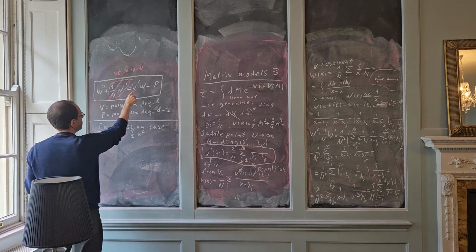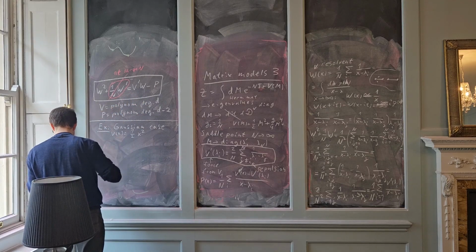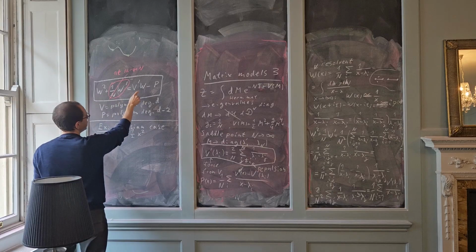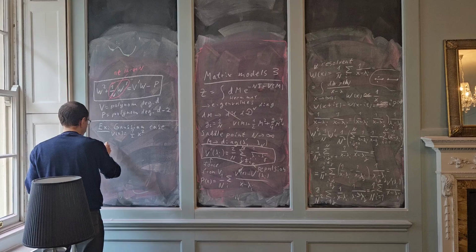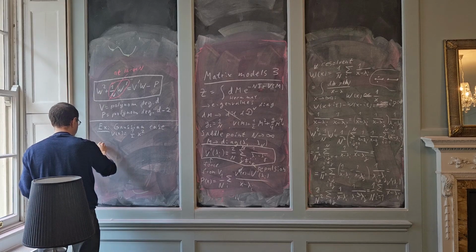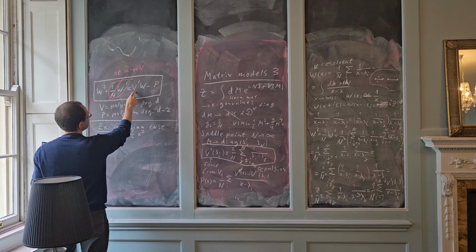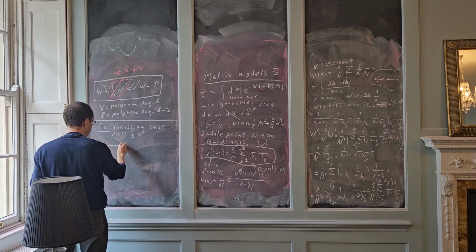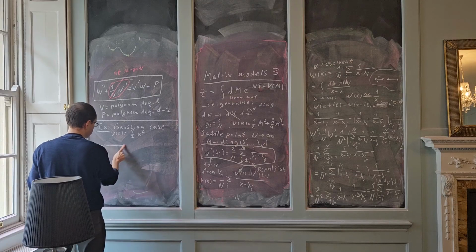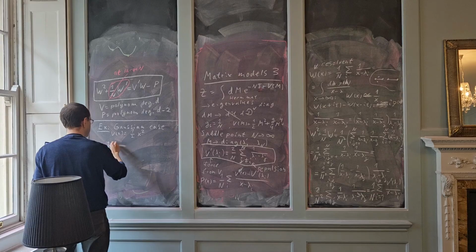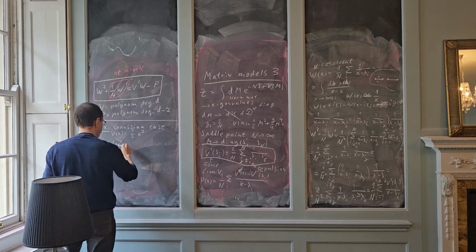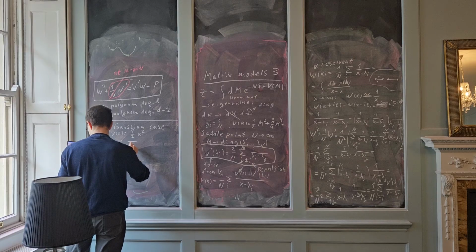Well, first of all, from the equation, we immediately see that this is just a quadratic equation on W. So we can solve it and write the solution like W equals 1/2 v prime minus, or plus or minus in principle, square root of the discriminant.